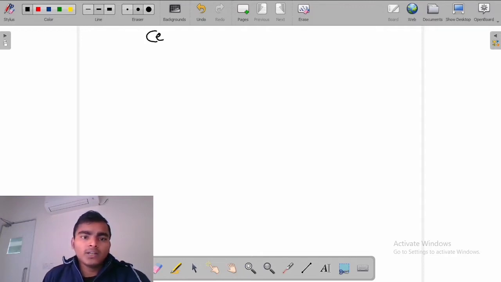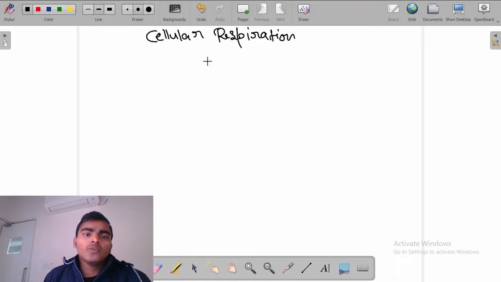In cellular respiration, what are the basic pathways that we are going to talk about first? The first and very important pathway is glycolysis.